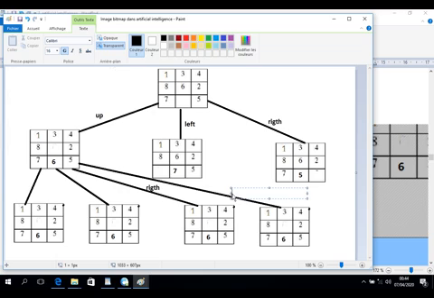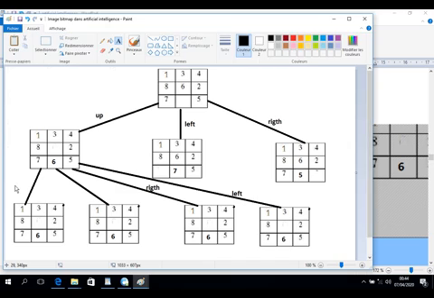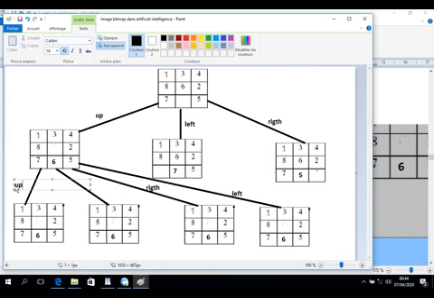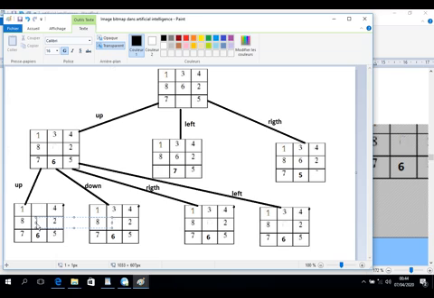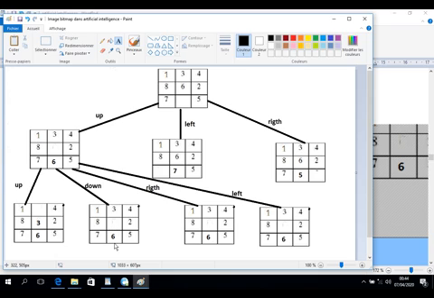So if this right, left, up, down. So these are the operators. So up, we are going to have this new state 3.